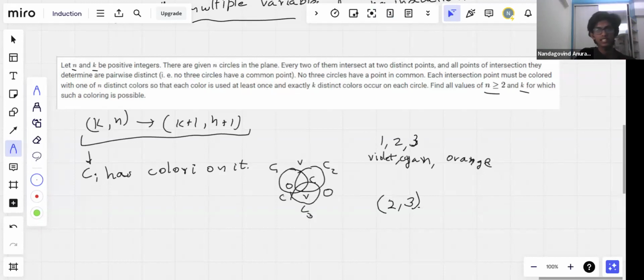I guess it's very clear that k cannot be 0, so it makes sense to make this sort of statement.